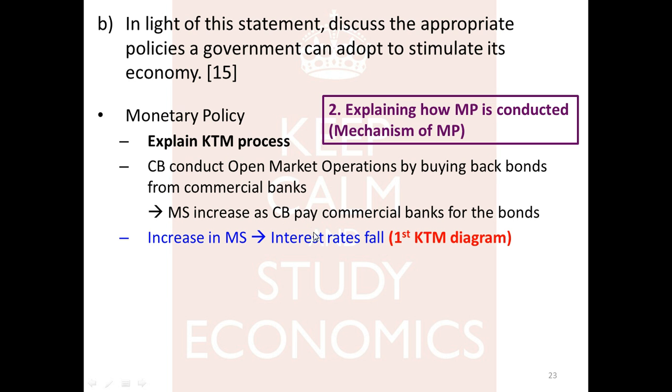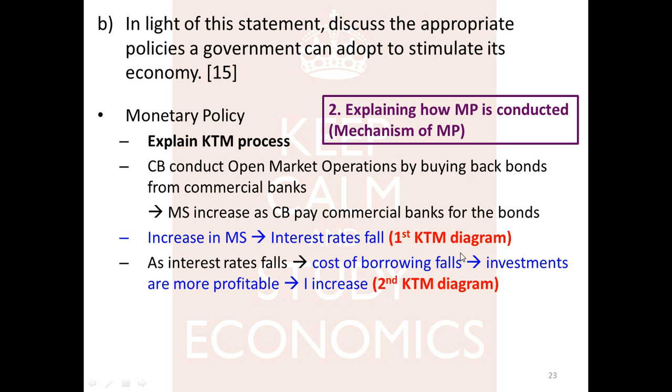Okay, so because of the increase in money supply, interest rates will fall. Okay, this is your first Keynesian transmission mechanism diagram. And as interest rates fall, the cost of borrowing falls, which means that investments become more profitable and investment increases.